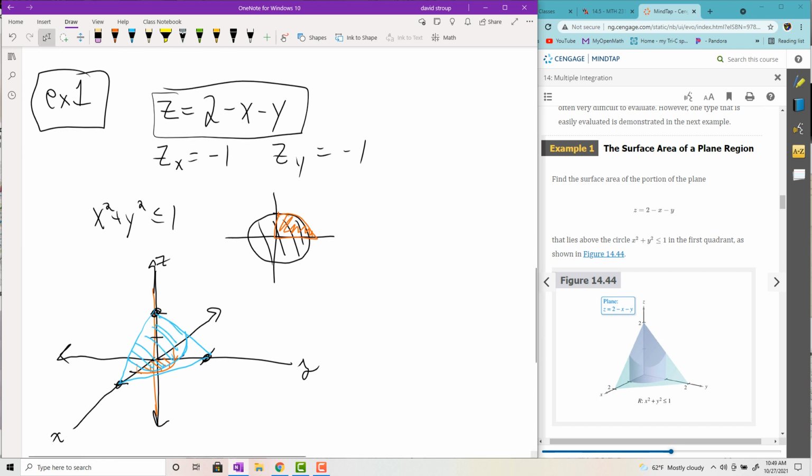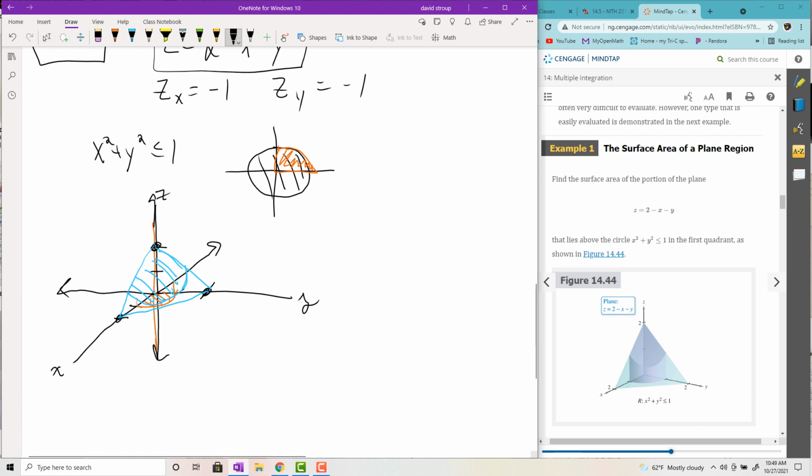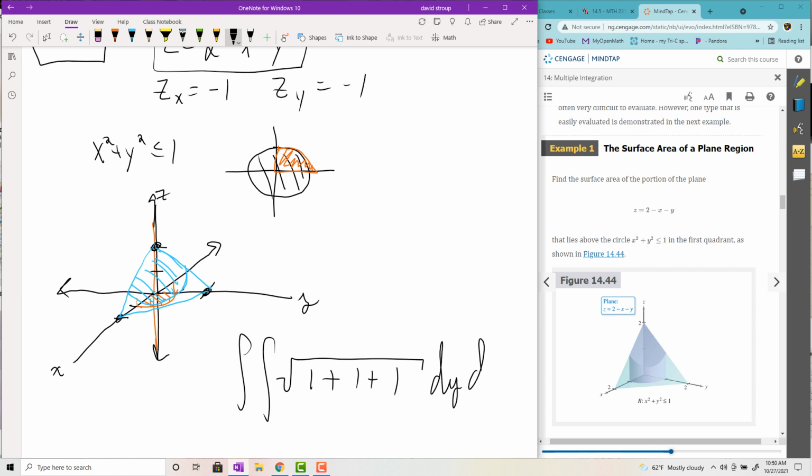Okay, right, so let's go to our double integral, and we need the square root of 1 plus z sub x squared, which is 1, plus z sub y squared, which is 1. I'll go dy dx.